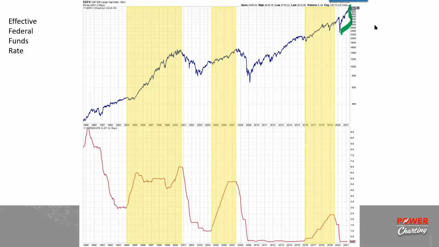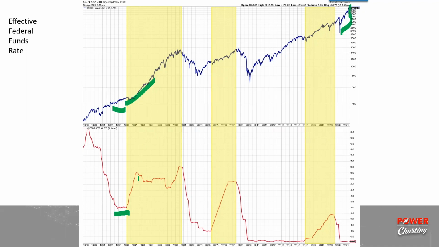I want to show you this chart on the Fed funds rate, because I think it tells us what we need to know about Fed policy. So if we look at this, we can see back in the 90s that rates are low for a period of time to help the economy to get back on its feet again.